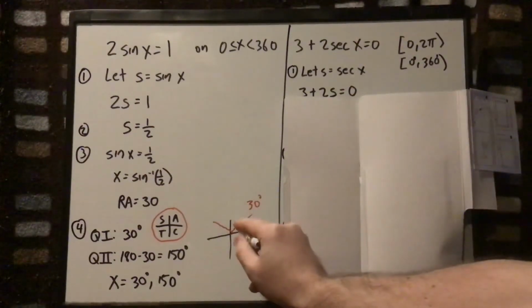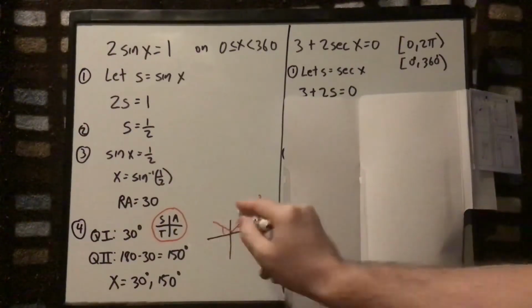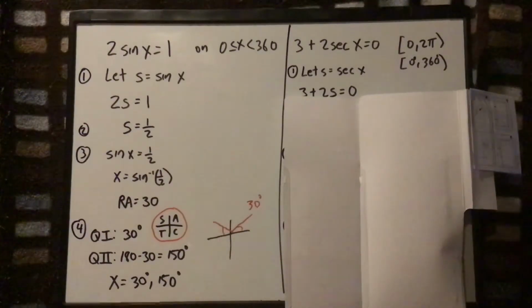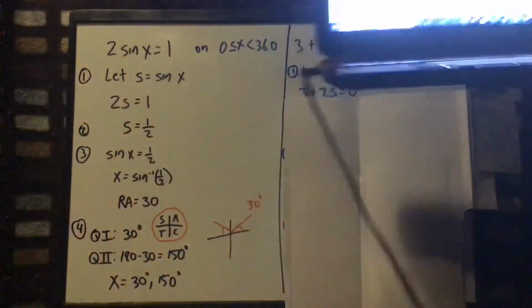So here's the 30. What's this angle? It's 180 minus the reference angle, or 30. So that's the other angle that fulfills this equation. So basically those are the two solutions. The two solutions are 30 and 150. All right, and those are all 4 steps done out.